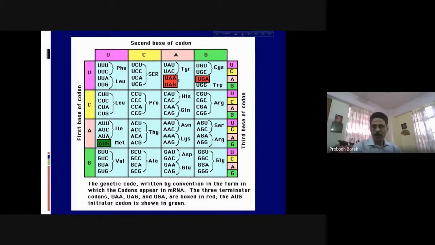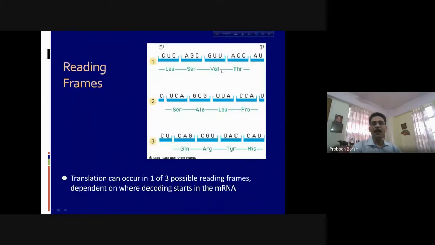Now, suppose there is a small part of a DNA sequence, and we want to understand whether this particular part of the DNA sequence is a coding sequence or not.